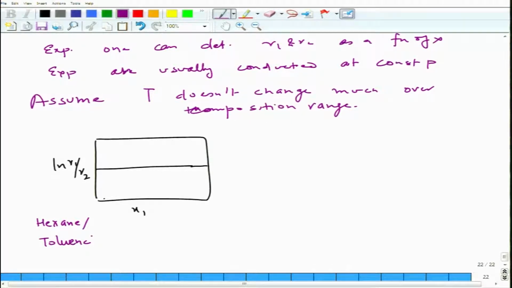In this case, as we said, we can consider B, C, D equal to 0, and this ln gamma 1 gamma 2 will be a straight line, and the experimental data falls beautifully along it, which clearly tells you that it's a good approximation, because one constant is able to fit, where A by RT is 0.352.